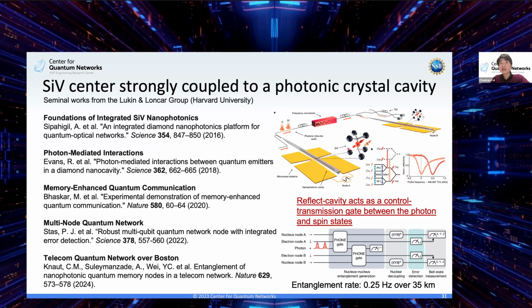The silicon vacancy here has inversion symmetry, so it's immune to the charge that accumulates along this structure, which gives you better stability in its zero phonon line, the emission wavelength. So you can easily put the silicon vacancy into this integrated cavity, which creates Purcell enhancement and further leads to the strong coupling regime.